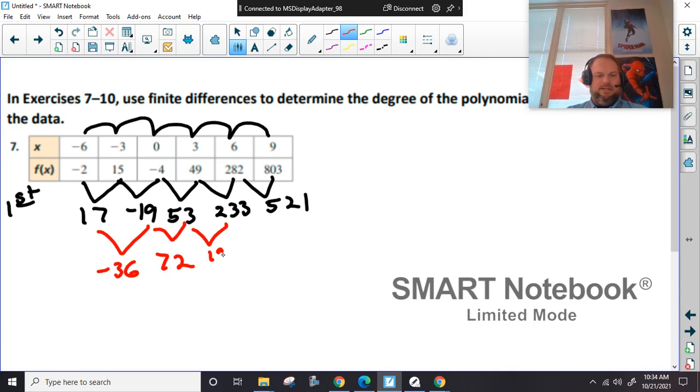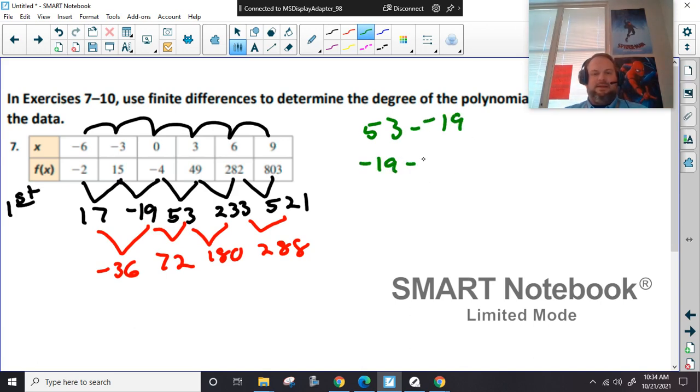This is 180. This is 288. And the way I found this, like I actually typed in 53 minus negative 19, or 19 minus 17. That's how I got it.